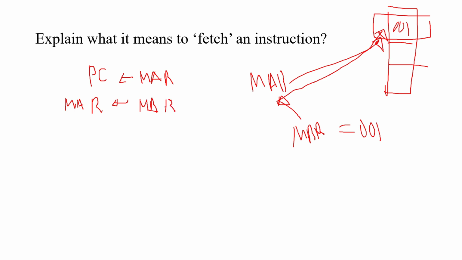So what happens next? MBR now copies its information into the instruction register. And what does the instruction register do? The instruction register holds the instructions that are currently being executed.